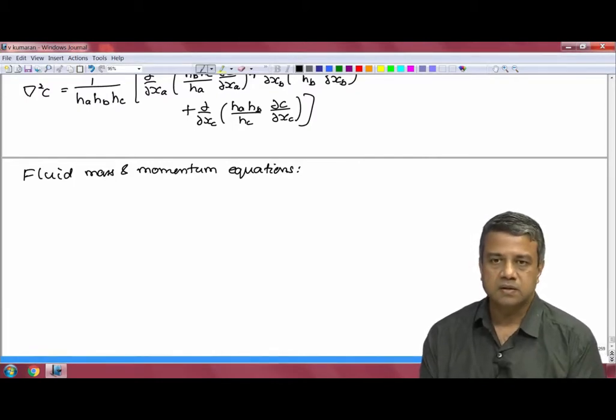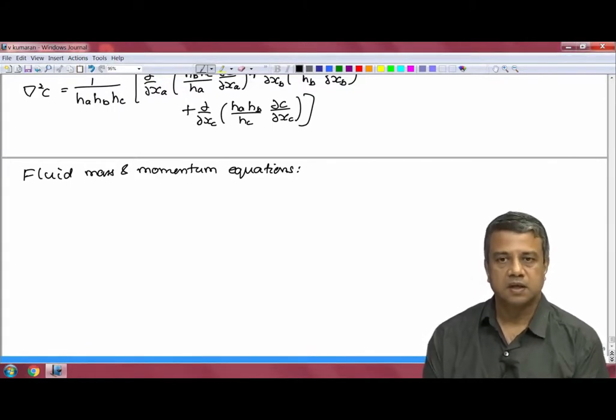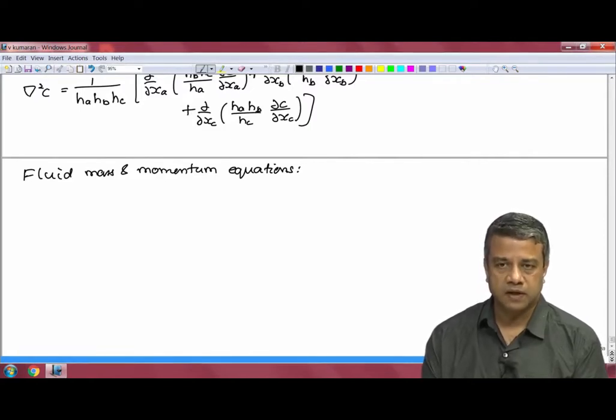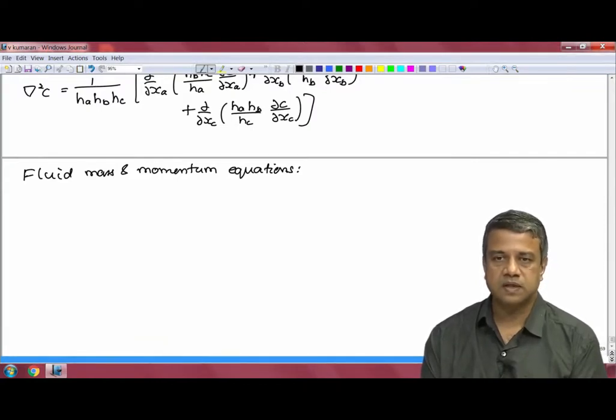So, for a single component or for the entire fluid, which is the sum of all the components, there is no relative diffusion. Only if you have one component moving relative to the other will you have diffusion. When you consider the fluid as a whole, there is no motion relative to the center of mass.